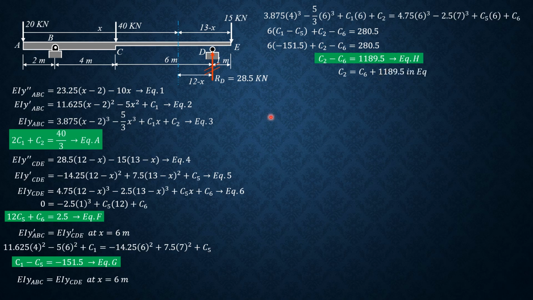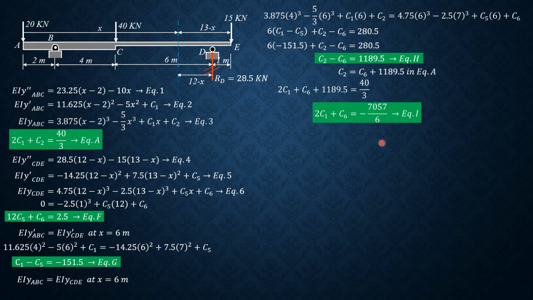Let's substitute this in equation A. So in equation A, 2 c sub 1 plus c sub 2, which is c sub 6 plus 1189.5, equals 40 over 3. So 2 c sub 1 plus c sub 6 therefore is 40 over 3 minus 1189.5, and that's negative 7057 over 6. Call that equation I.